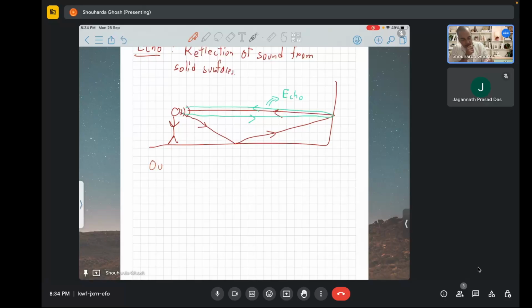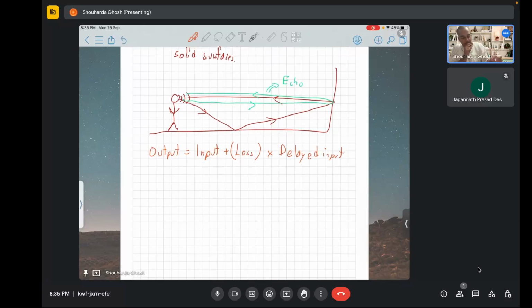Basically we say that the output is equal to the input plus the delayed input, which undergoes losses, because when it travels in the medium, due to damping in the air medium and other factors, it loses strength. So we can write it as y(t) equals x(t) plus a times x(t minus tau). Tau is your delay.